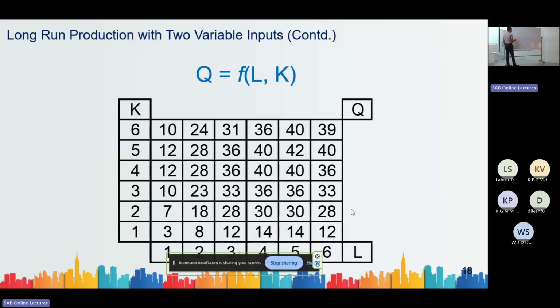The isoquant curve shows all possible combinations of the two inputs, labor and capital, that derive the same level of output. Let's assume this isoquant curve shows all possible combinations of labor and capital that derive 1000 units of output.